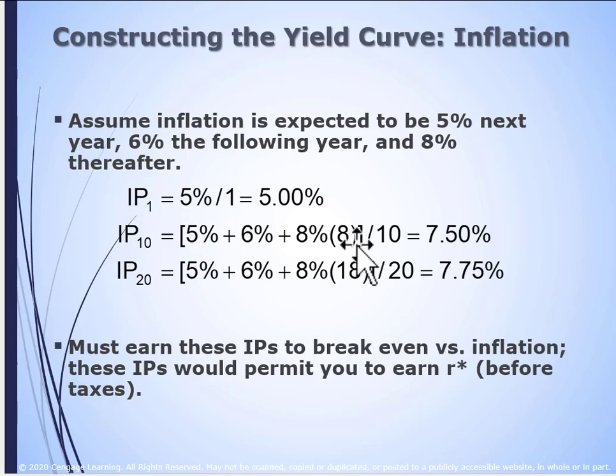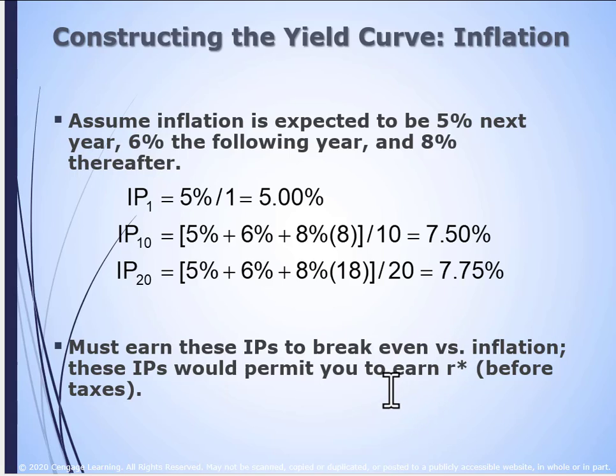So we have 75 percent divided by 10 gives us this 7.5 odd percent. So again, it's just the average of the time frame. And of course, you need to understand that the subscript here tells you the year or the time.